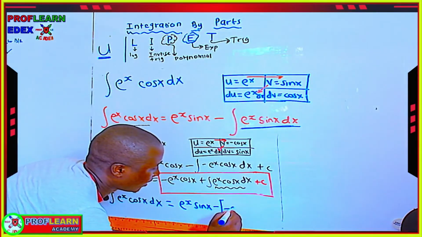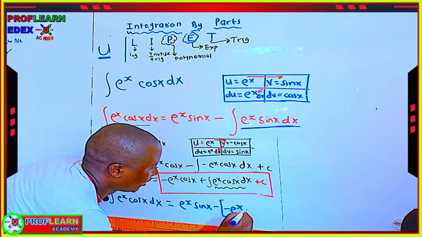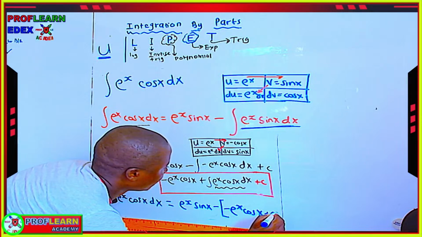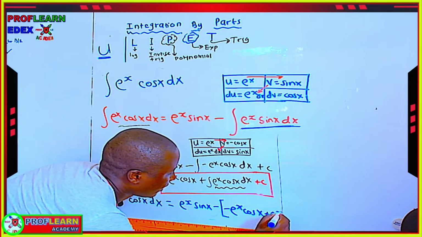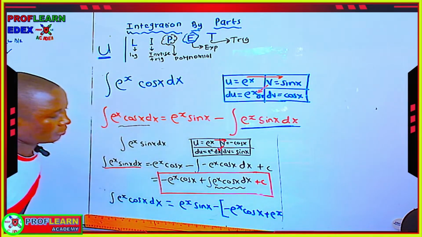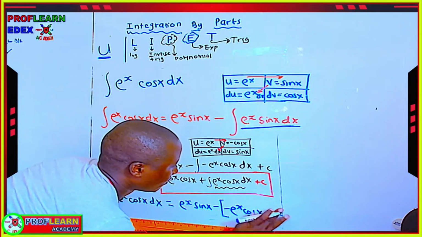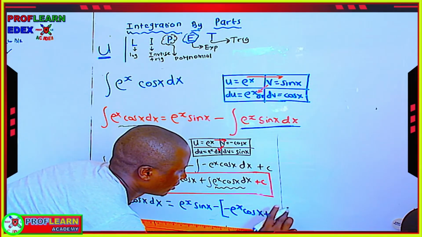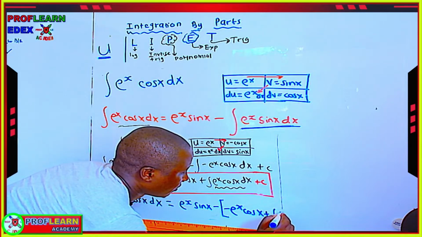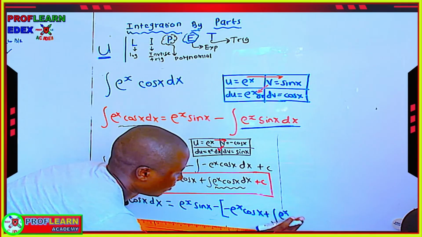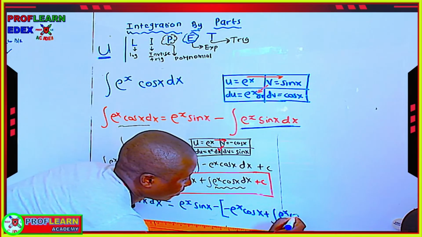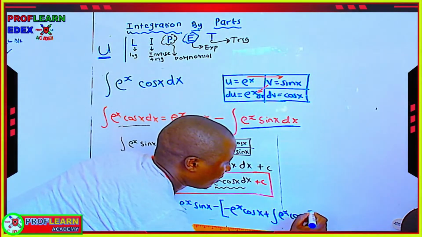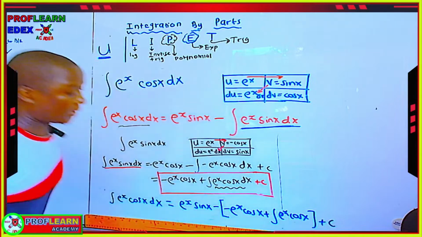So it's going to be minus e^x cos x plus the integral of e^x cos x. Yeah, then we say plus c.